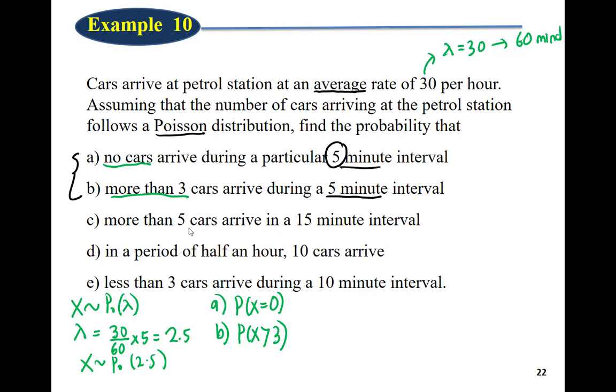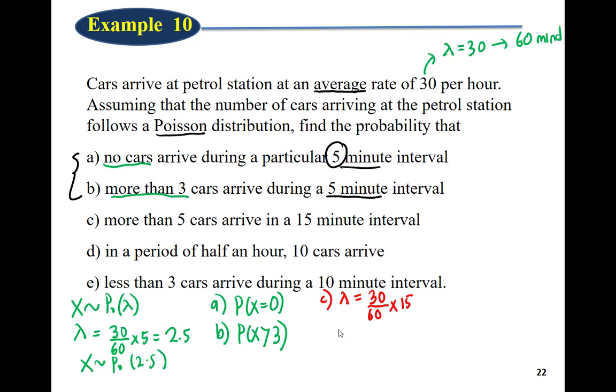Okay, next. For question C, we have 15 minutes. We are going to find a new lambda. 30 divided by 60 minutes multiplied by 15 minutes.